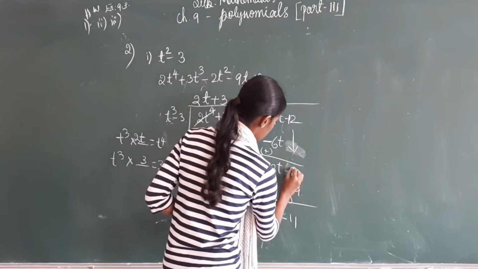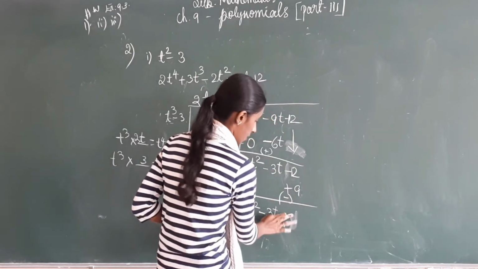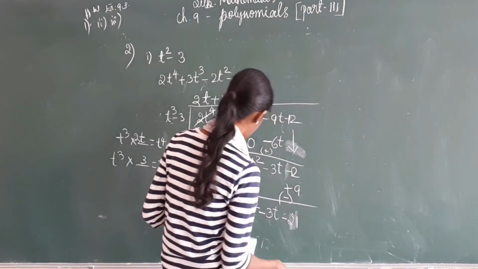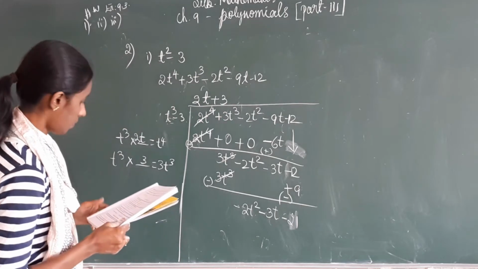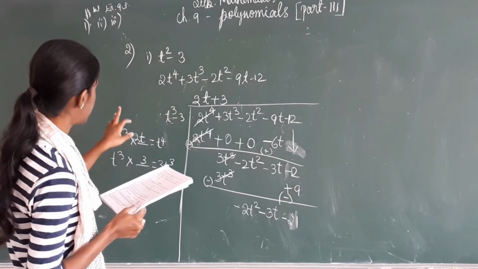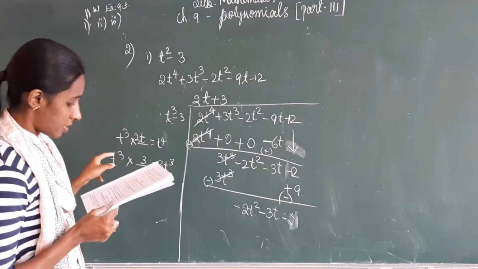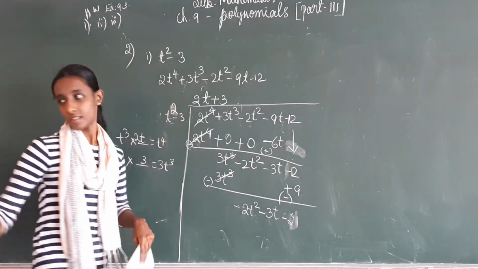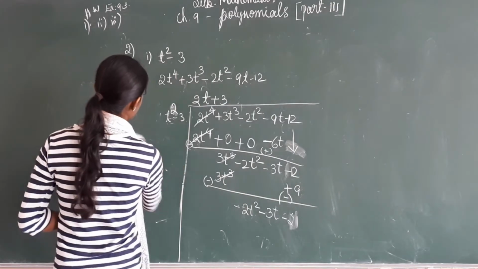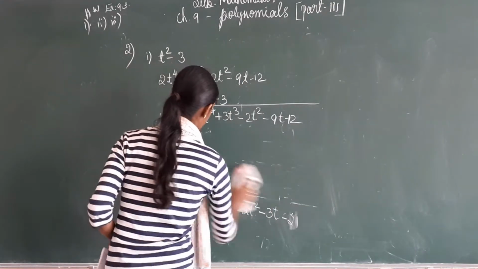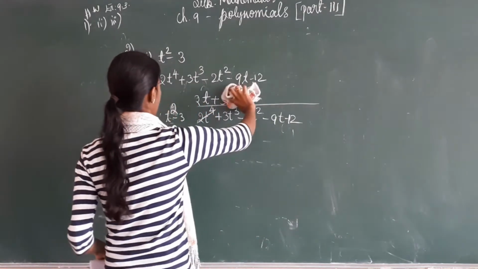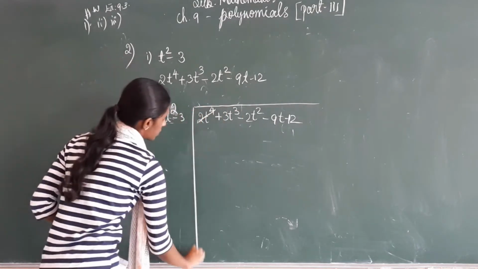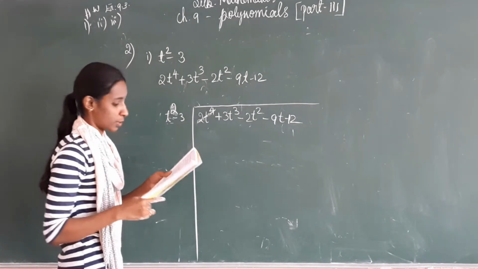Sorry, I have made a mistake, children. Instead of taking t square, I have taken it as t cube, so the whole thing is wrong. Sorry for this. We'll do it once again.